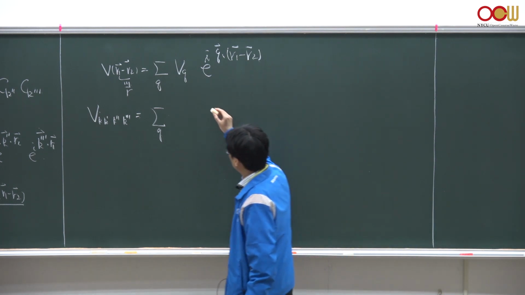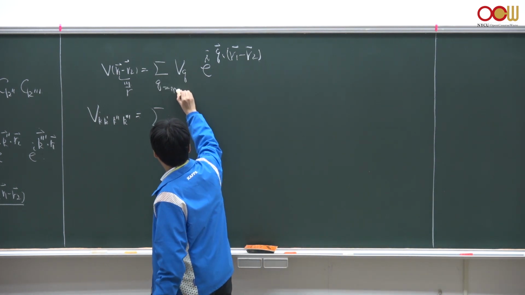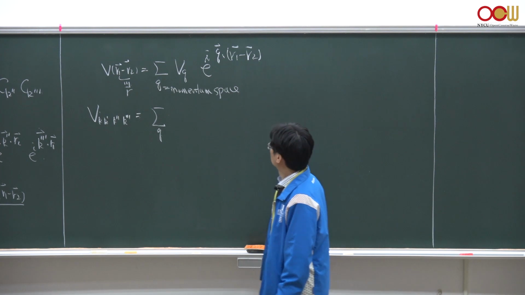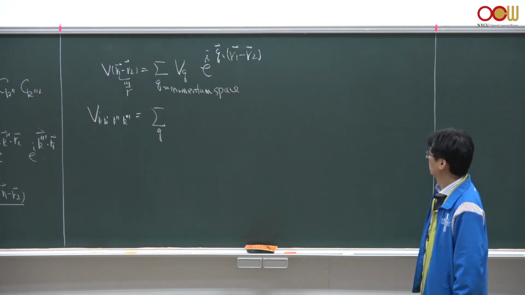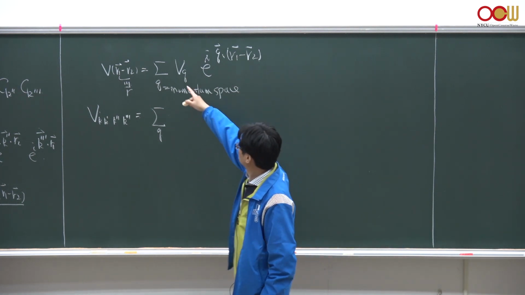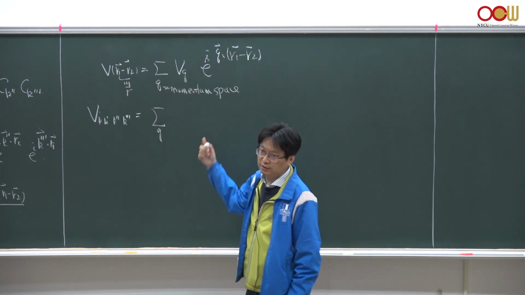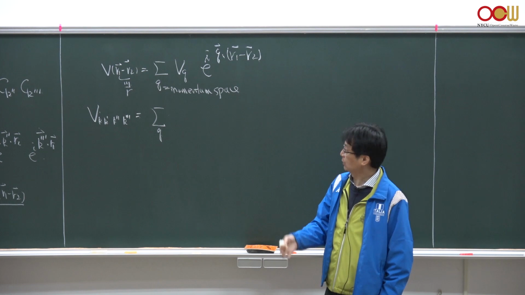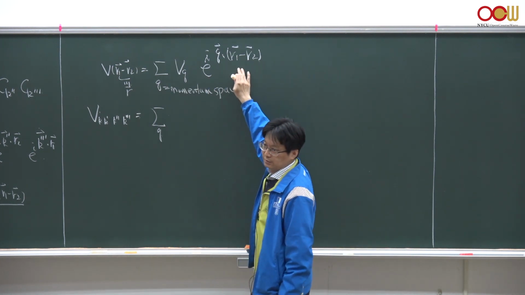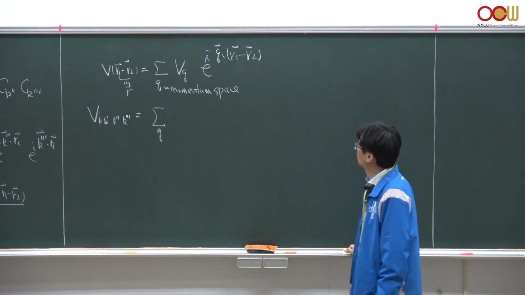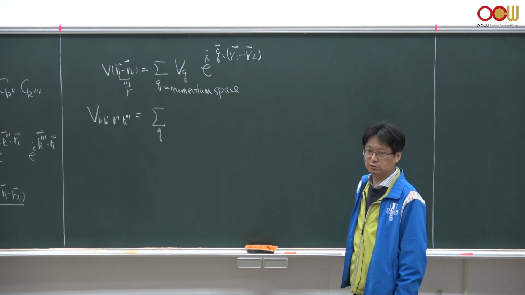And so in Q space or K space, this is the Fourier sum of this V(R). So we get V of Q, which is the K-space representation of the Coulomb potential, with Fourier coefficients e to the i q dot (r1 minus r2), right?